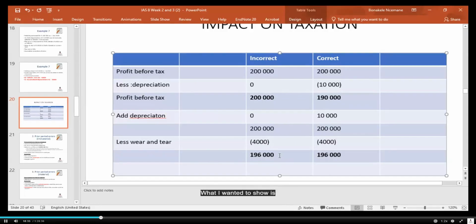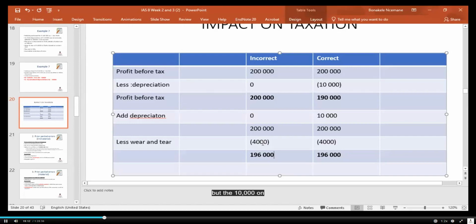What I wanted to show is that this depreciation would have essentially been added back, and then you would have deducted wear and tear. But since under the incorrect journal there was no such depreciation, you would not have added back the depreciation at all. Rather, because it wasn't taken care of, you would have deducted the 4,000. Now, you see the tax implication.